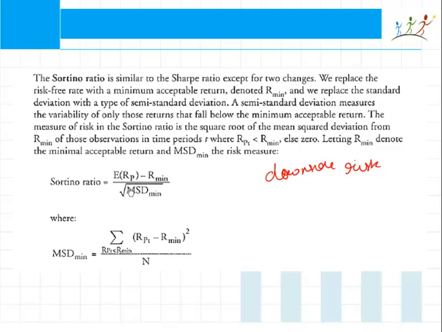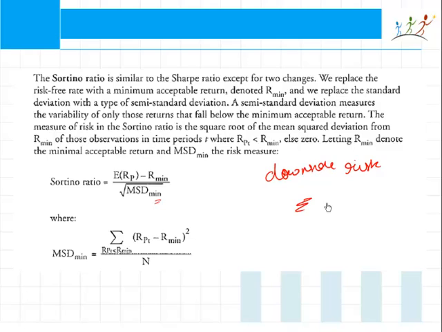The Sortino ratio is calculated as the return on the portfolio minus the minimum acceptable return, upon the square root of the mean squared deviation of the portfolio. The mean squared deviation is calculated in the same manner as the regular standard deviation.